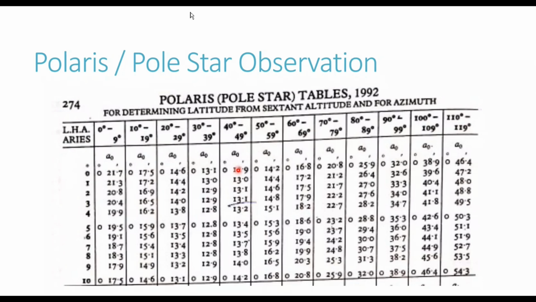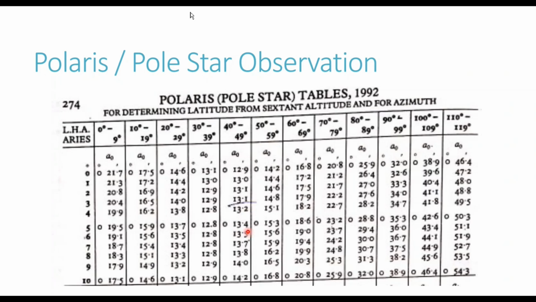Now let's say for example, you want to find out the value of A0 for an LHA Aries of 45 degrees. Then you enter into this column, going to 1, 2, 3, 4, 5. So for 45 degrees, the value of A0 is 0 degrees 13.4 minutes.